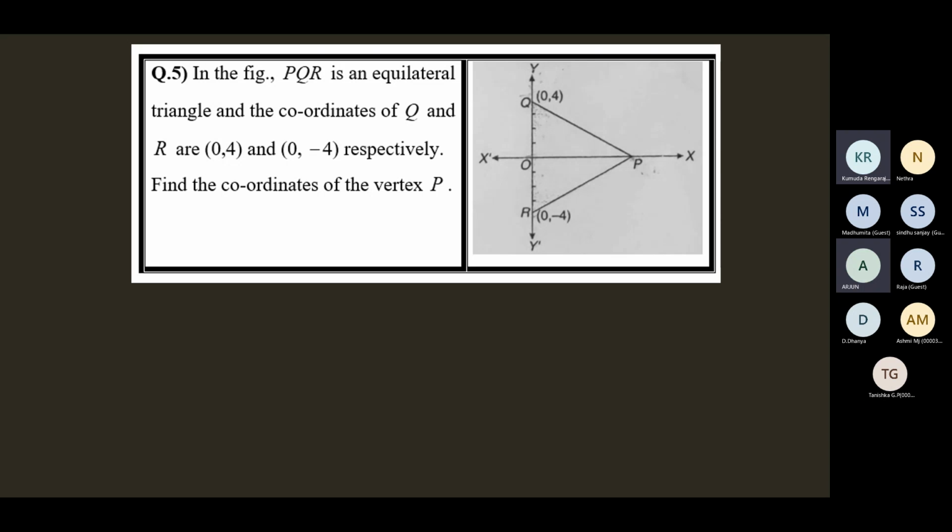Find the coordinate of the vertex P. Have we started working, children? Yes, ma'am. Good, do it.